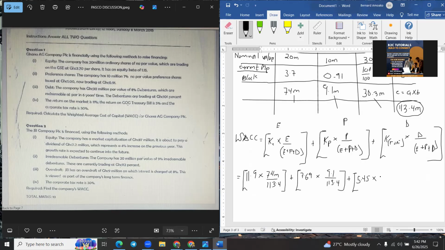multiplying 30.3 over 113.4. So you can try this on the calculator, and then whatever answer you have determined is the weighted average cost of capital. So we are going to do it bracket by bracket. So I have 11.9%, multiplied by 74 divided by 113.4, and that is going to give me 0.07.